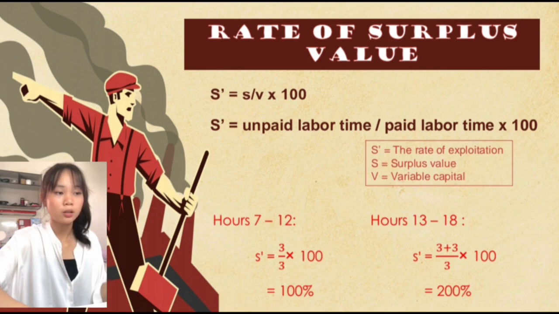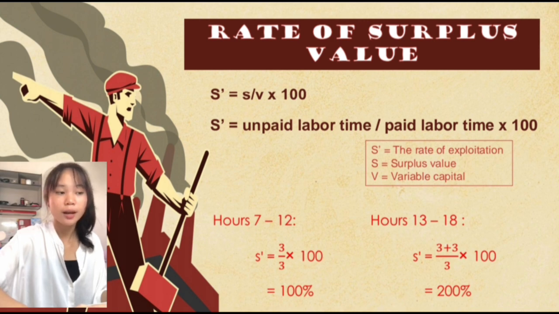Here we have the formula for the rate of surplus value. The formula is unpaid labor time divided by paid labor time, times 100. Let's take an example from the previous slide, 7 to 12 hours. The worker is forced to work an additional 6 hours, and was paid $3. So unpaid labor time is 3, divided by the paid labor time, which is 3, times 100, equals 100%.